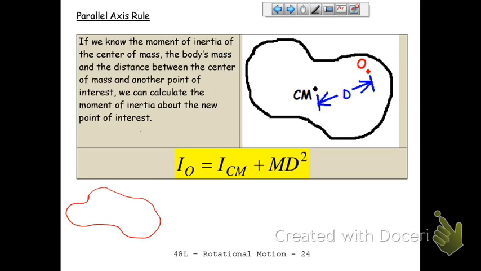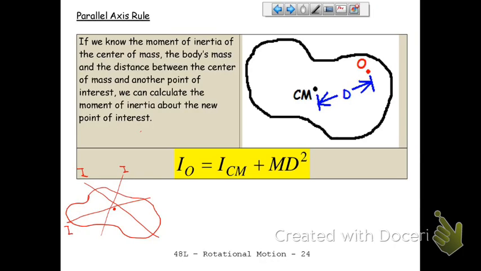We did that before. And the center of mass will be somewhere in the middle of it. And I could pick a series of axes that pass through that center of mass, and I would get different values for I, because of the shape of the thing. There'd be different values of I.